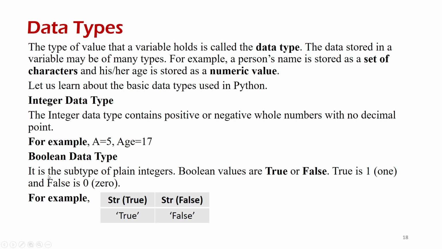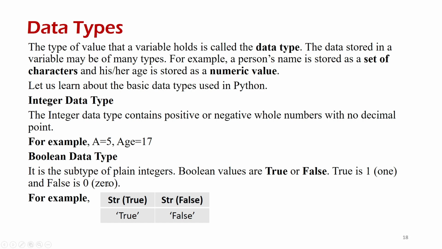Boolean data type. Boolean means either yes or no, true or false. That means either it is 1, which is true, or 0, which is false. We have learned in our earlier chapters that the computer understands only zeros and ones, which means 0 means false and 1 means true, or it is also called yes and no, true and false, correct or incorrect.